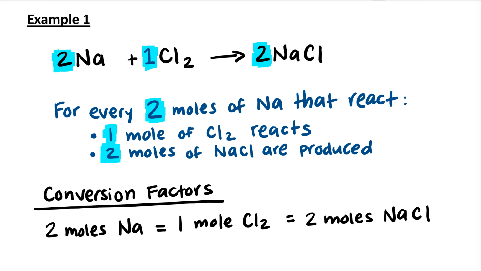I'm just taking those words and turning them into conversion factors that we're used to. What we're really saying with this recipe is 2 moles of sodium equals 1 mole of chlorine, which also equals 2 moles of sodium chloride. And again, those numbers of moles are the coefficients from the balanced equation.